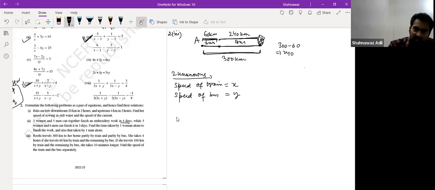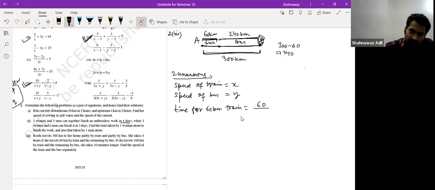What would be the time? Time for 60 kilometer by train is distance upon speed.